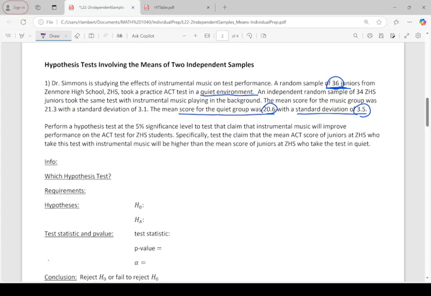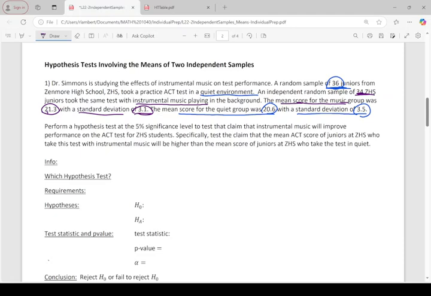An independent random sample of 34 juniors took the test with instrumental music playing. The mean score for that group with the music playing was 21.3 and the standard deviation was 3.1.